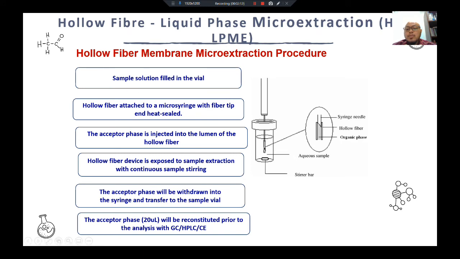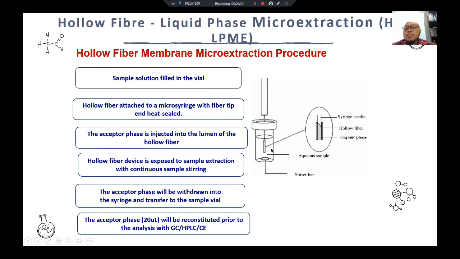Okay, so you punya analyte dia akan interact with the acceptor phase inside of this particular hollow fiber. So the syarat dia adalah the acceptor phase must be immiscible with the sample matrix.